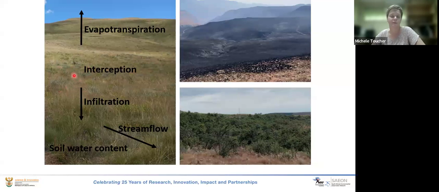Water can also be lost from what's intercepted by the vegetation. And from the soil portion, or the groundwater portion, it makes it into the streamflow. If you alter the land cover, it alters how the water is partitioned into these different components.